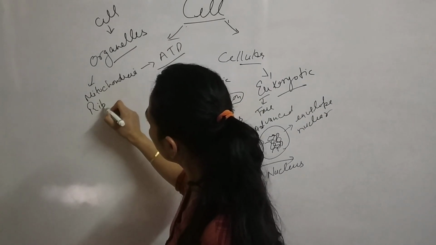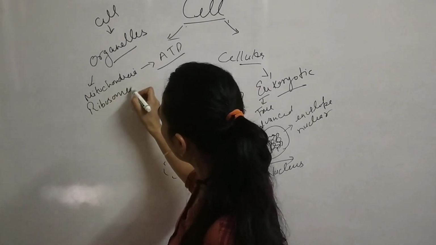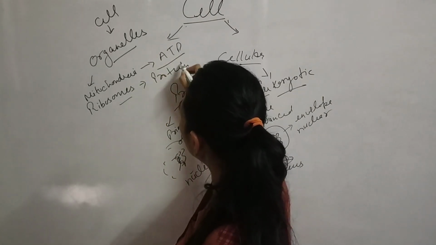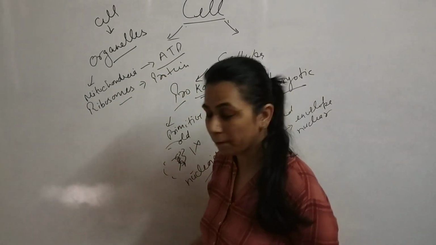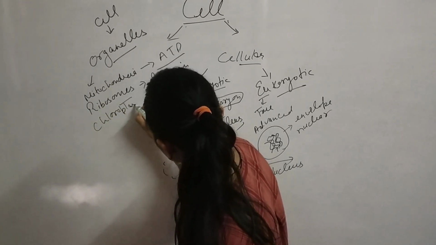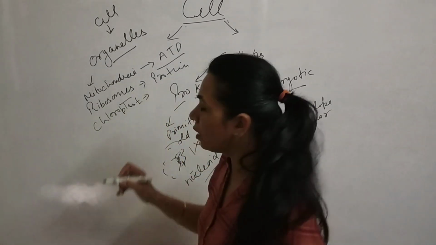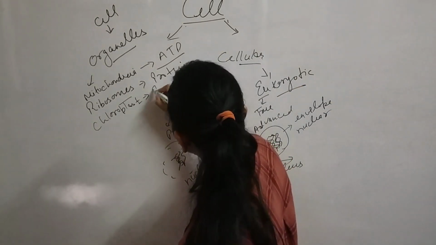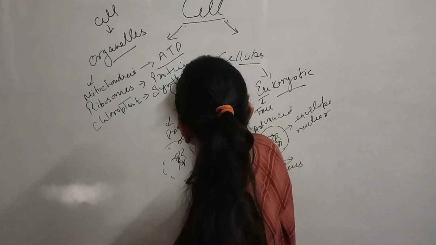Ribosomes. Ribosomes produce protein. They are involved in protein synthesis. Chloroplast. They are synthesizing food.